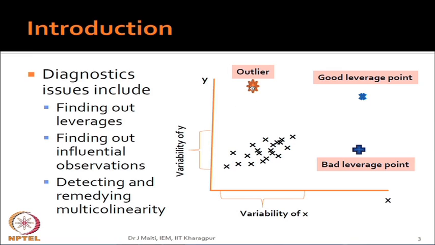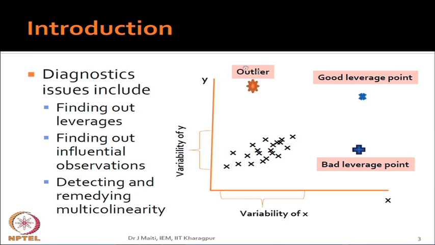But for x, it is within this variability. So, outlier is a point which is necessarily related to the variable y. Outlier is an observation which lies much away from the general mass related to y.